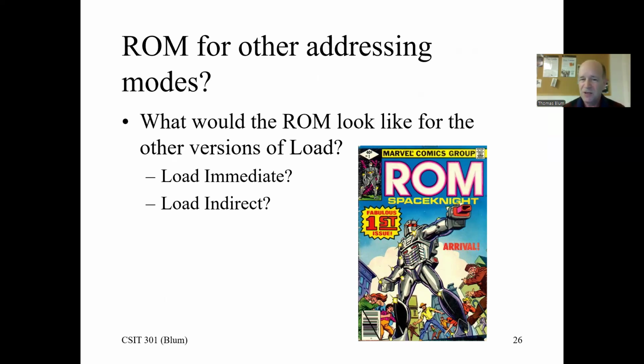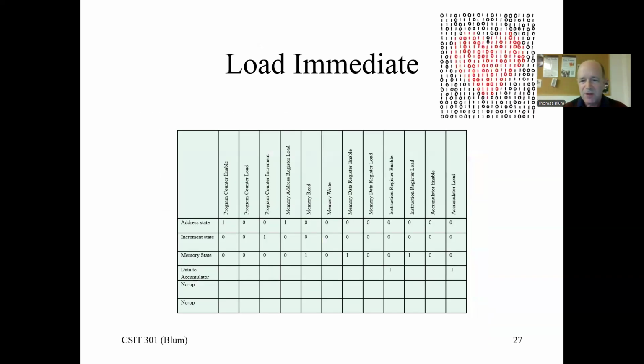Okay, so we can imagine going through this process for our other instructions. In addition to load, we can talk about load immediate or load indirect, and they're similar enough that we should be able to look at that table that we made and write those ones and zeros. For load immediate, I get lazy and stop writing all the zeros, but it's mostly zeros.